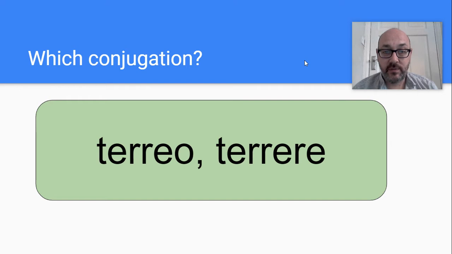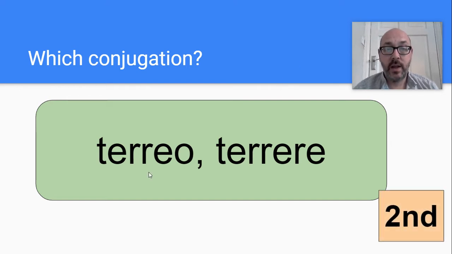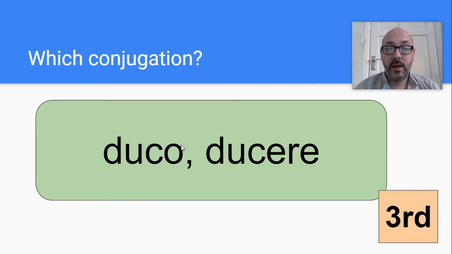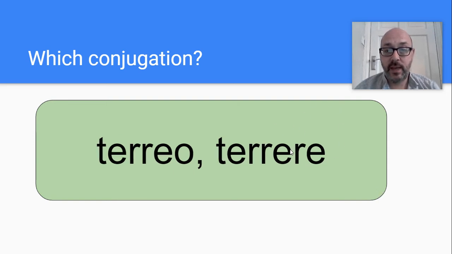And what's the conjugation of this one? Yeah, it's second conjugation. Please notice the difference between the second and the third conjugation is this letter E here. Tereo is your second. Duco, no E, is your third. They both, in the infinitive and in the endings, have the E.